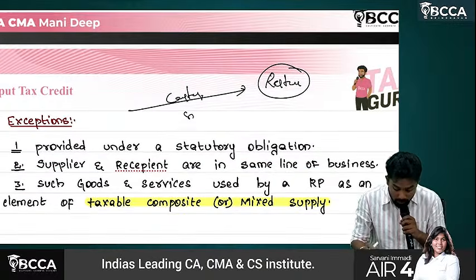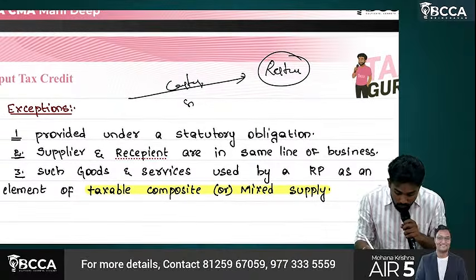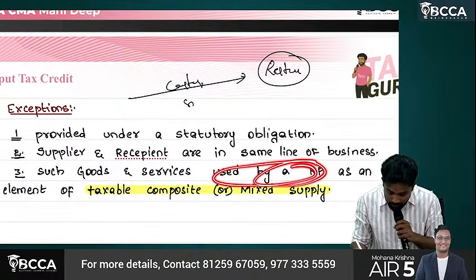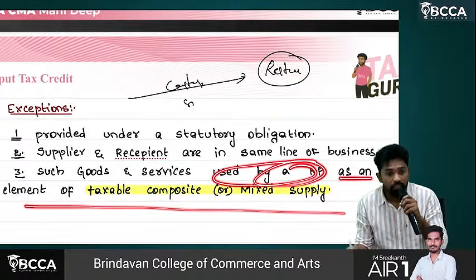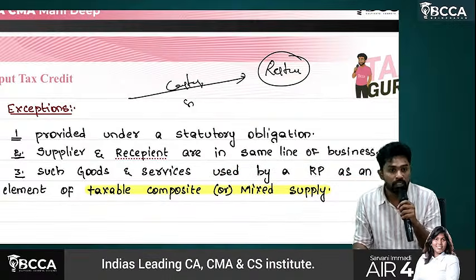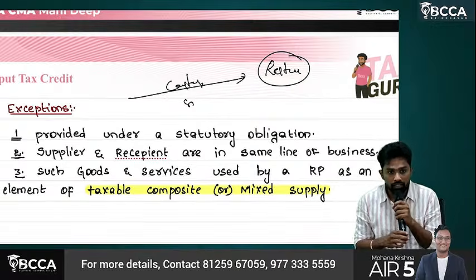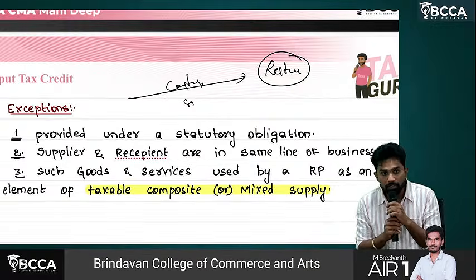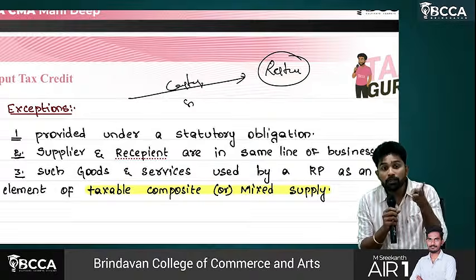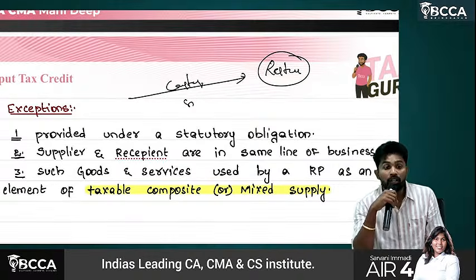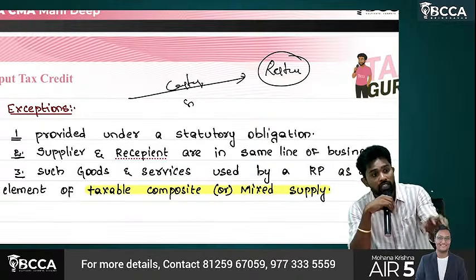Now the third one, much more important, sir. Such goods and services are used by a registered person as an element of a taxable composite or mixed supply. I'll give you a simple example. You remember the Rajdhani train? Is it composite or mixed? What is the bundle there? One is transportation and meals.